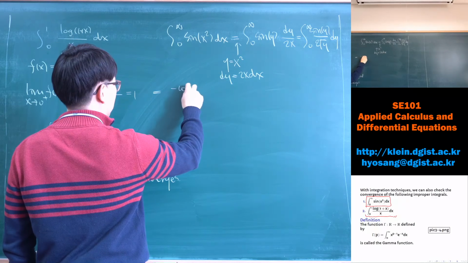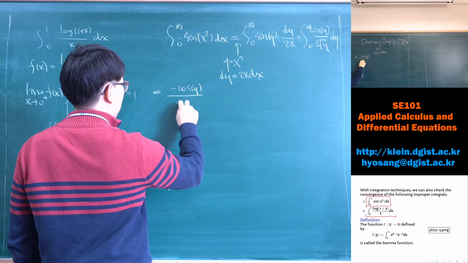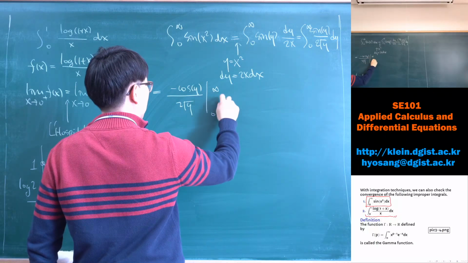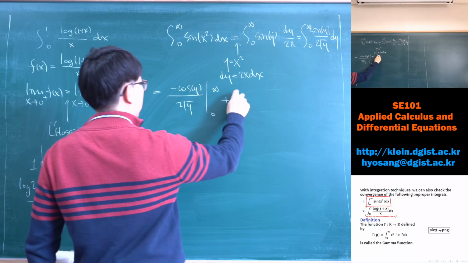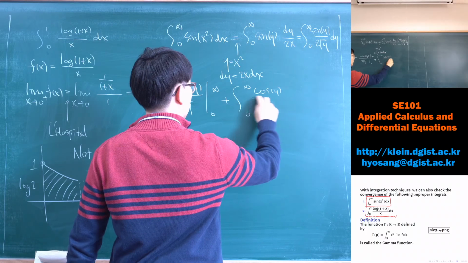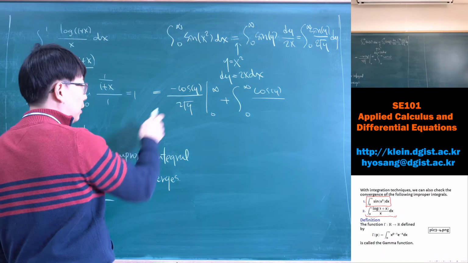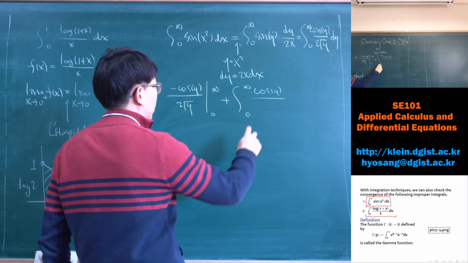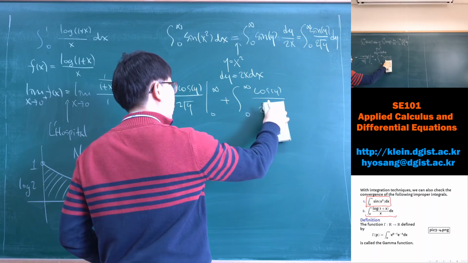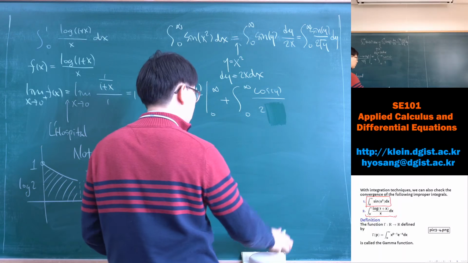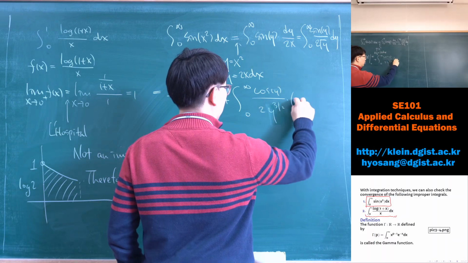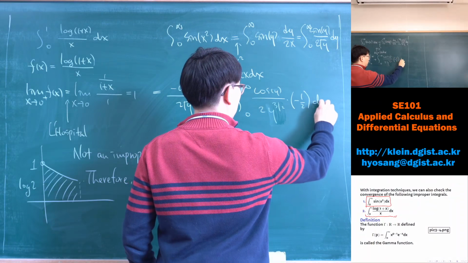So we get minus cosine y from 0 to infinity, and minus minus, you have the integral from 0 to infinity of cosine y, and take the derivative of 1 over square root of y, we get y to the minus 3 over 2 times 1 over 2 dy.